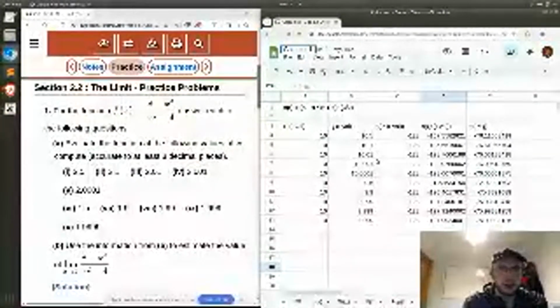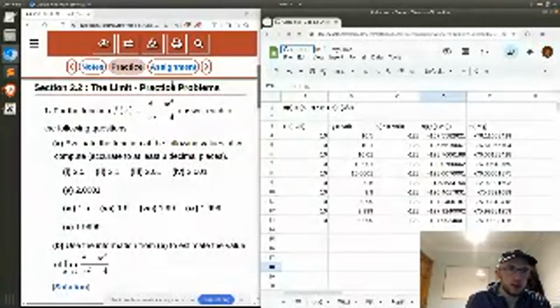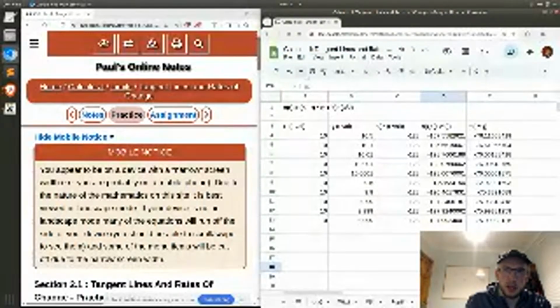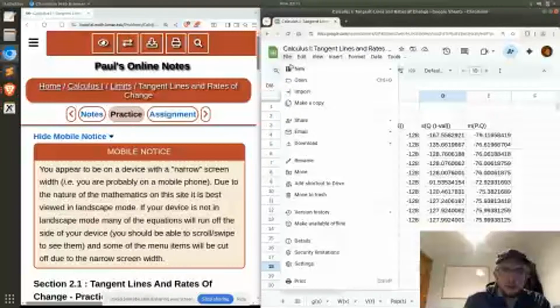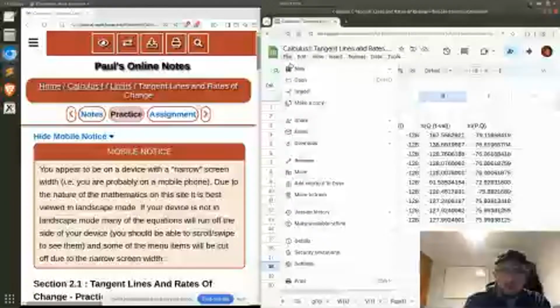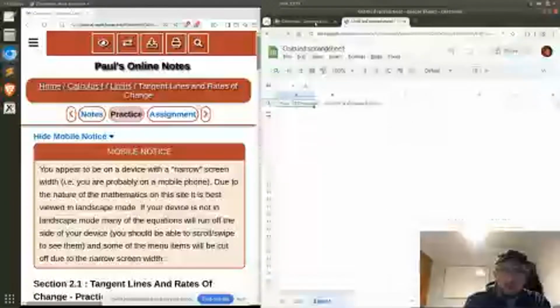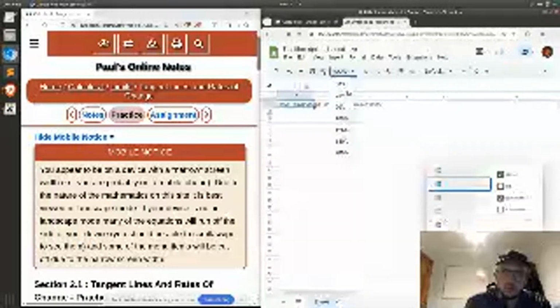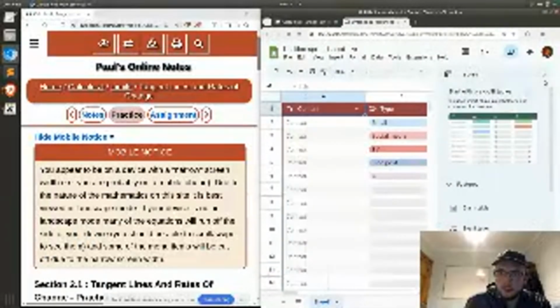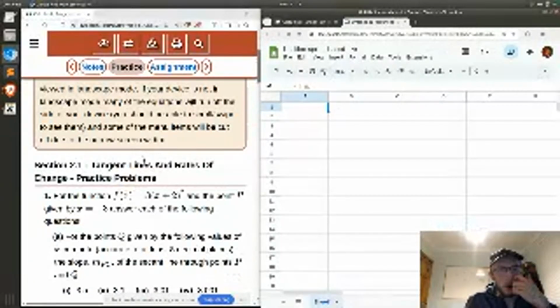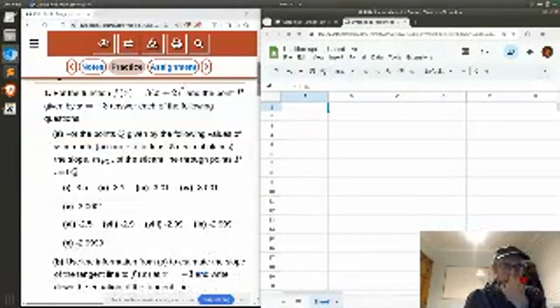So we can call this calculus 1. What was that previous section called? Tangent lines and rates of change. Great. Got it.